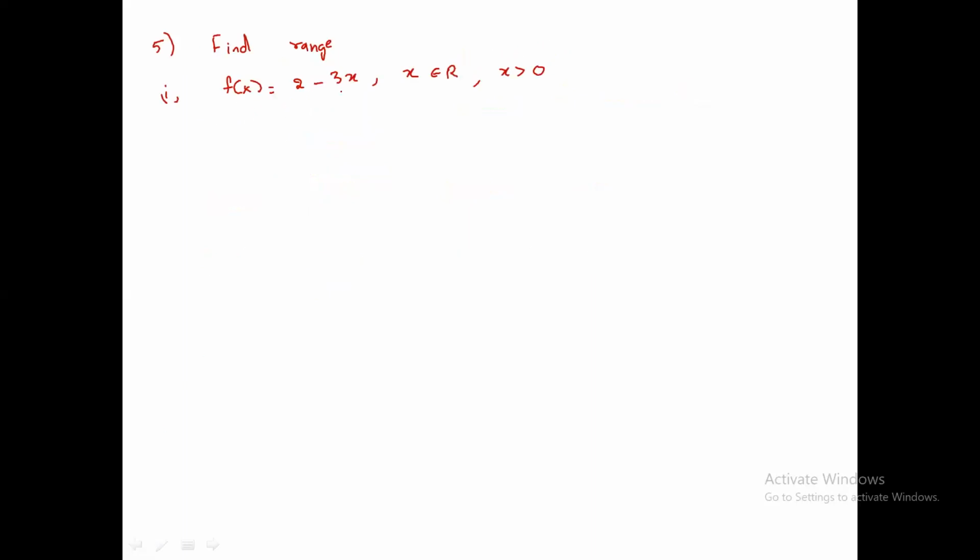If you see, this function doesn't have a denominator, it has only a numerator, right? But you are given a condition. When you plot x and y, x has to be greater than 0.